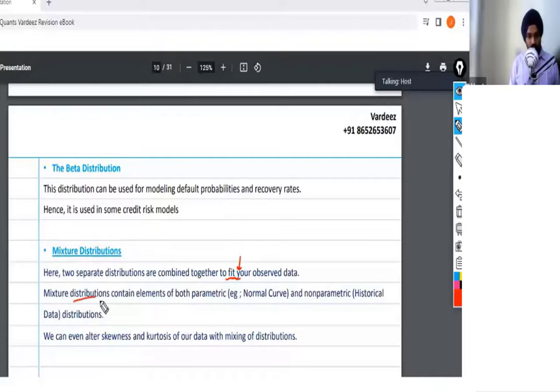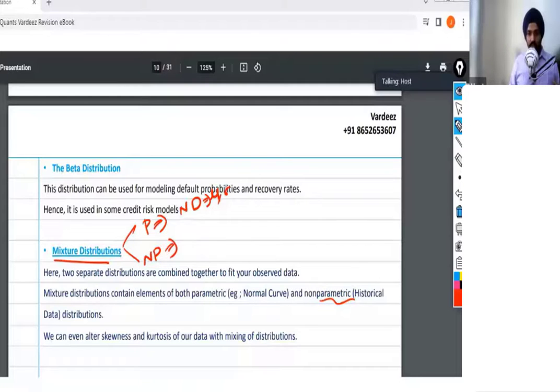Now, a mixture distribution contains elements of both parametric and non-parametric. Parametric means the mean and the variance, like a normal distribution, and non-parametric is like just the historical data that you take. So a mixture distribution is going to have parametric as well as non-parametric elements. All the distributions we have seen, like the normal distribution, have a mean and a variance, which are parameters. Non-parametric can be historical data distributions.